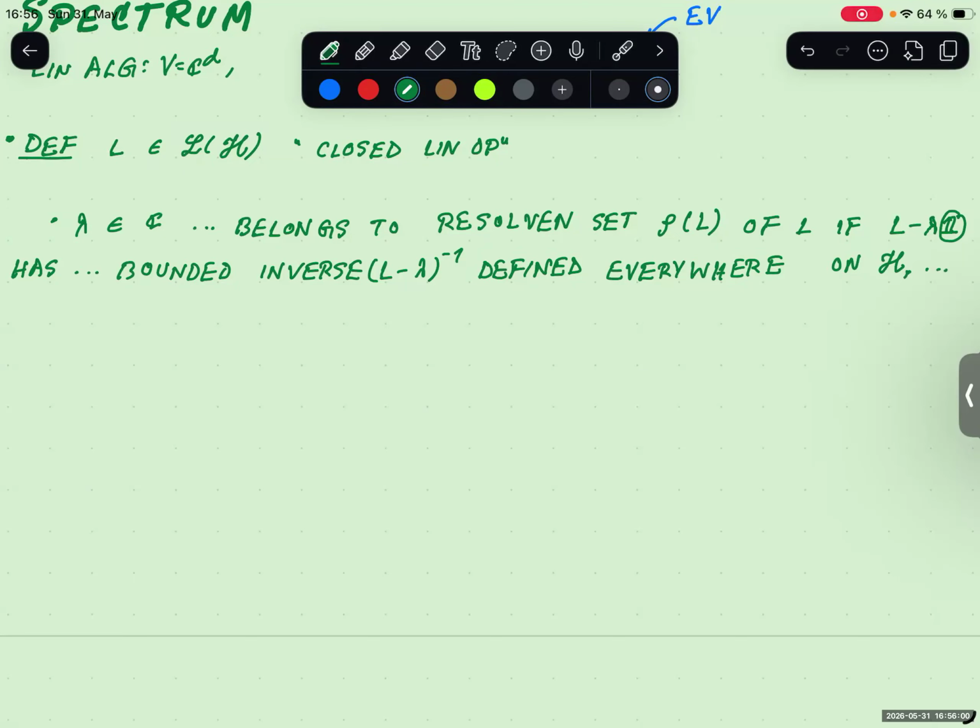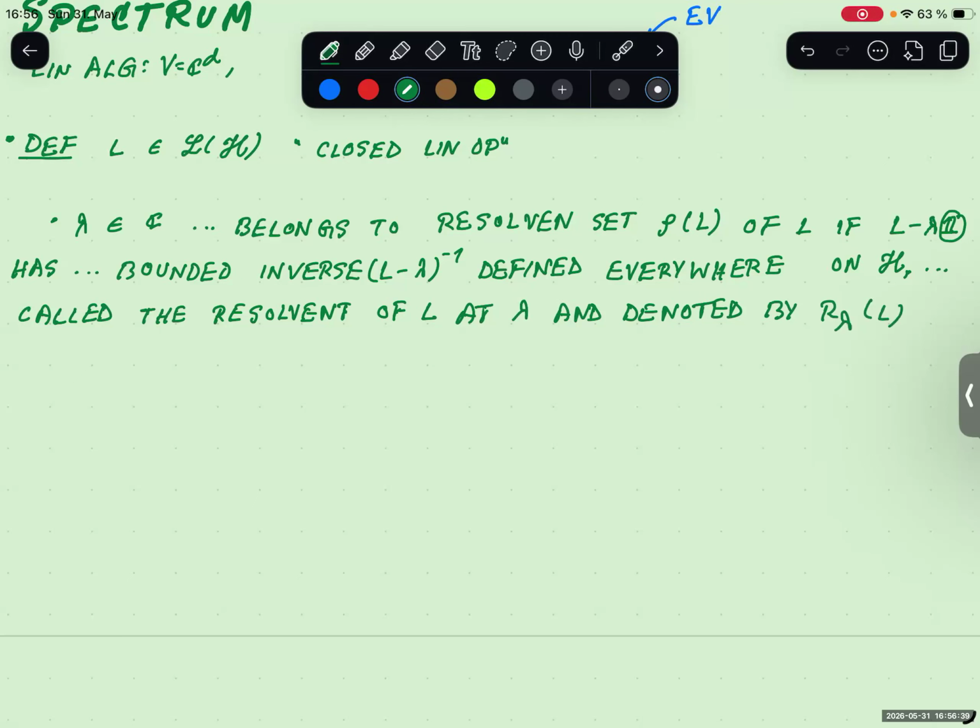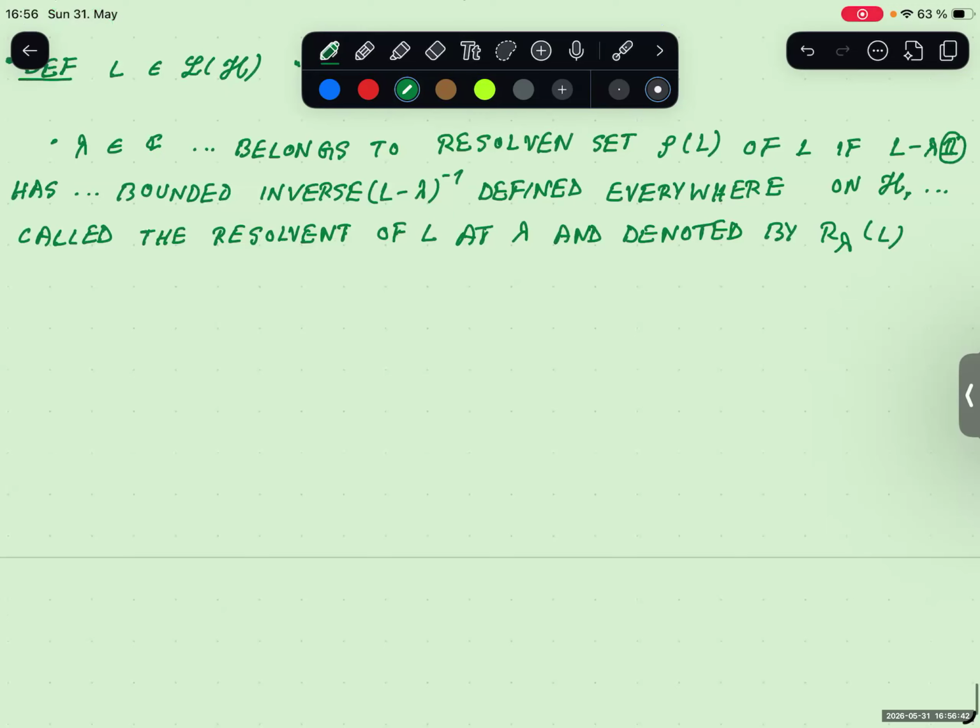And maybe continue. This is called the resolvent of L at lambda and denoted by R lambda L. Okay.